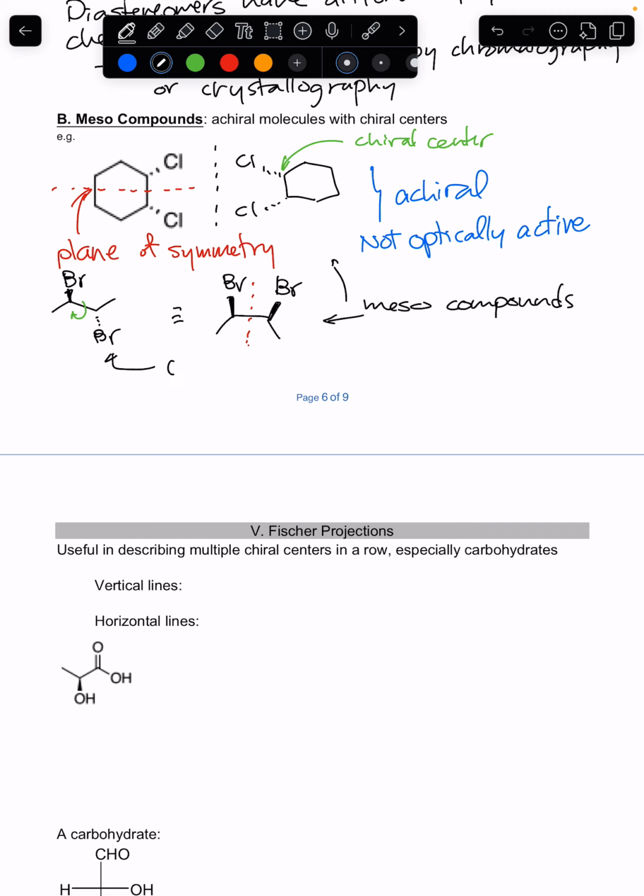So this molecule is 2R,3S-2,3-dibromobutane.